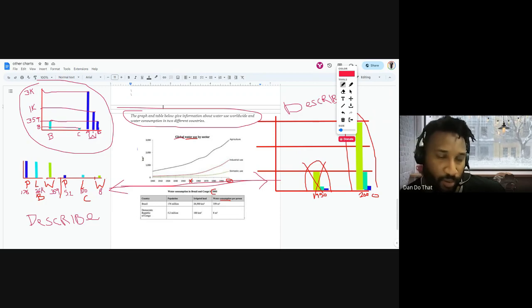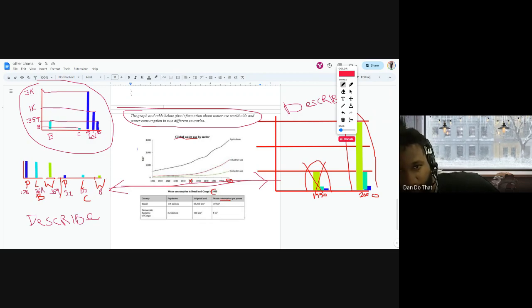You say among all of the countries in the world, whatever. Just don't say worldwide. And you can't say water consumption, but you can say water use or the use of water or the amount of water consumed.